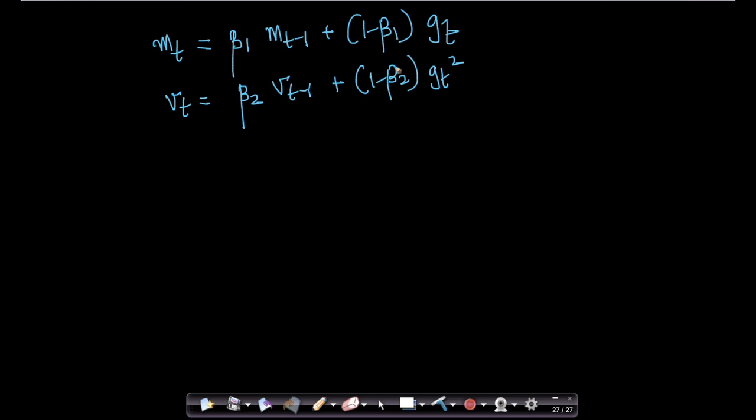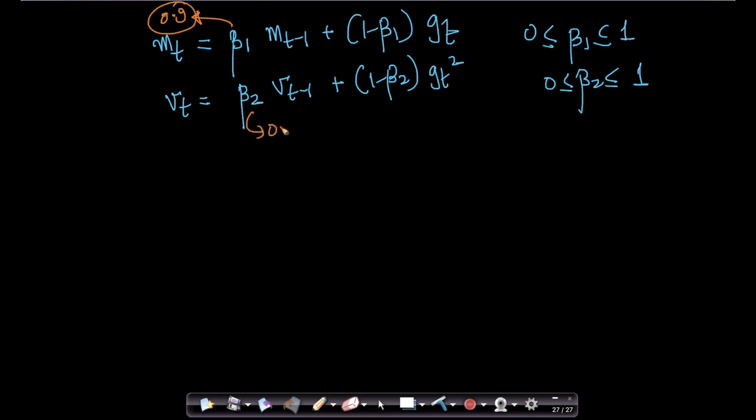Very, very simple definitions. Remember, here your beta 1 lies between 0 and 1, and beta 2 also lies between 0 and 1. Typically, beta 1 is taken as 0.9, and beta 2 is taken to be 0.99. Not always, but these are good values.